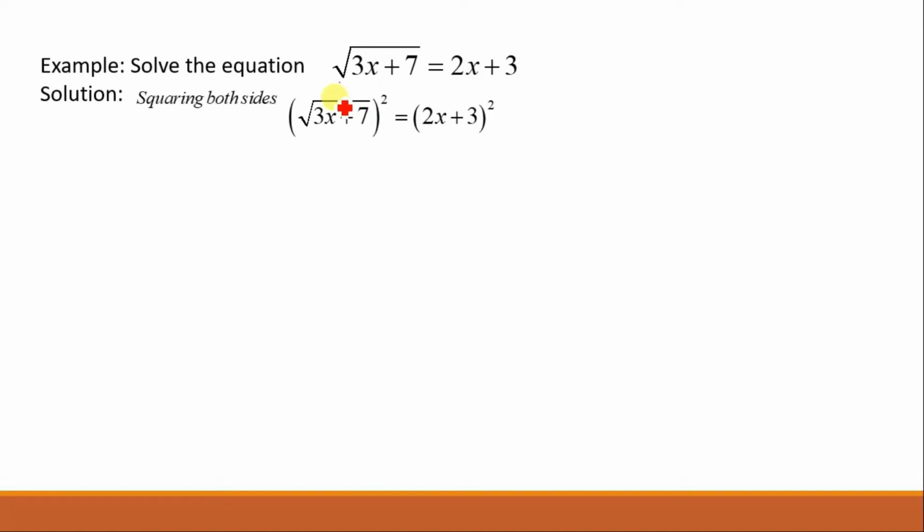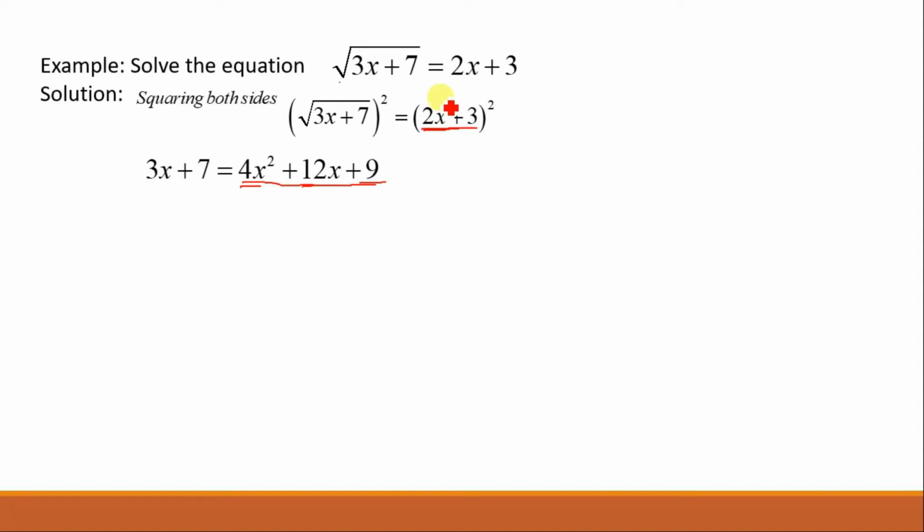This square cancels this square root, so we are left with 3x plus 7 equals 4x square plus 12x plus 9, as we know that square of 2x plus 3 is equal to 4x square plus 12x plus 9. Expanding this square by using the formula a plus b whole square is equal to a square plus 2ab plus b square.